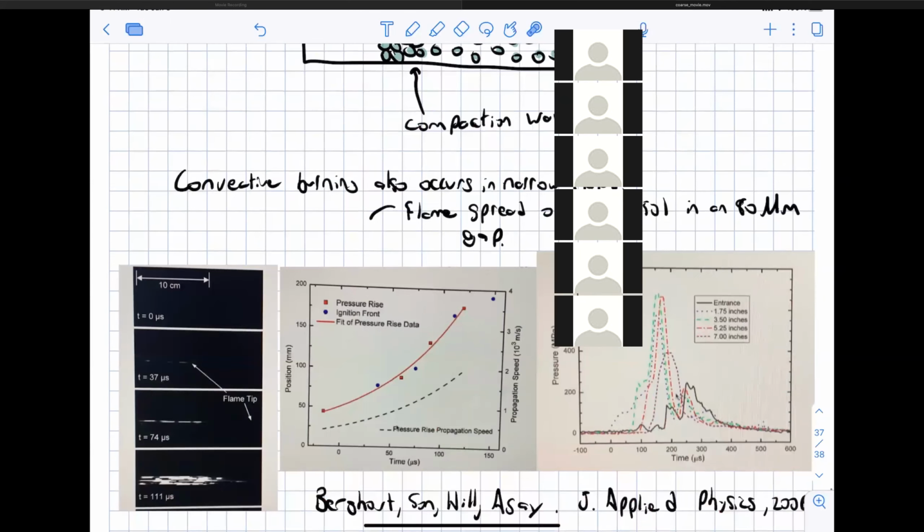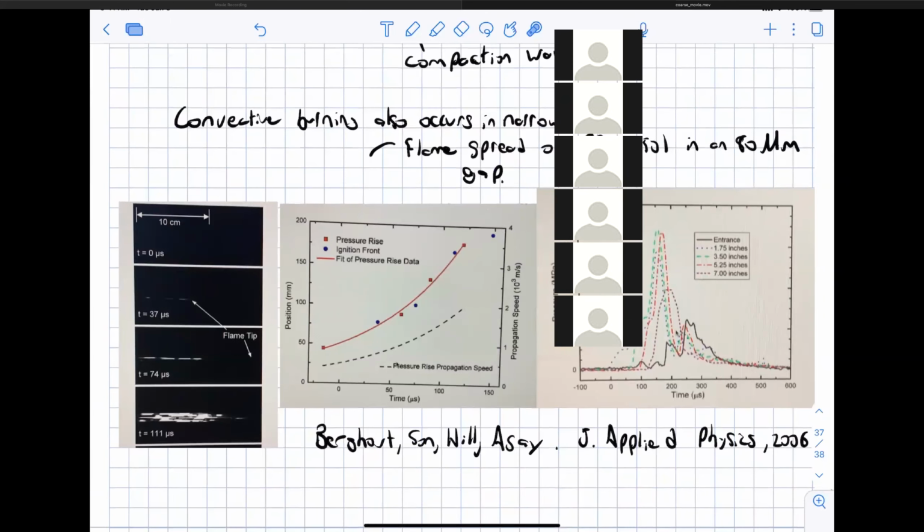It has also been observed to occur in very narrow gaps. These were experiments done at Los Alamos, where, you can't see it in this awful picture here, there was an 80 micrometer gap between two slabs of PBX 9501, which is basically HMX. They ignited it from the closed end over here, and watched how the flame propagated through. Apparently there's a flame tip right here.